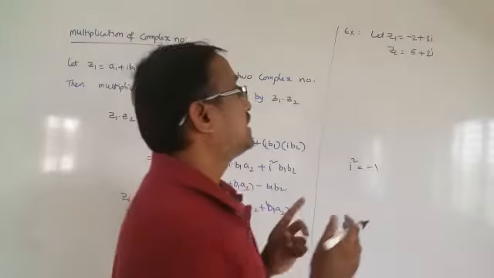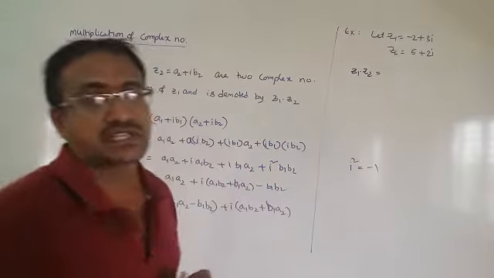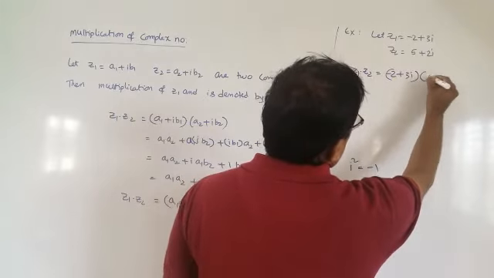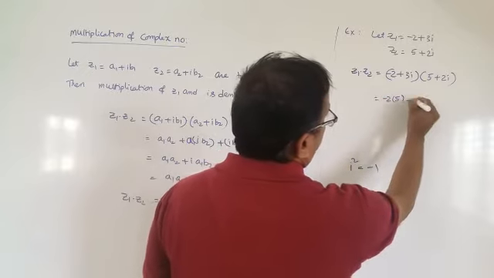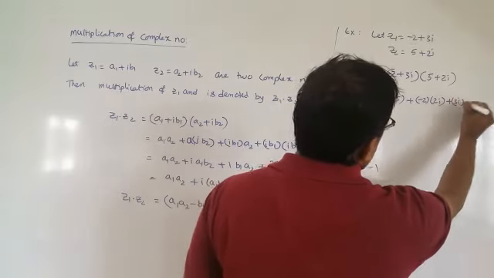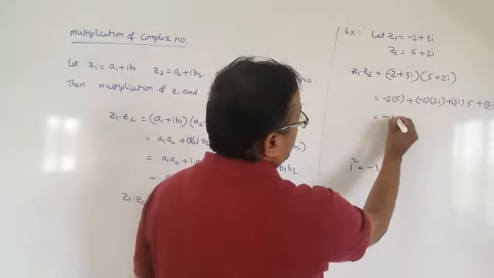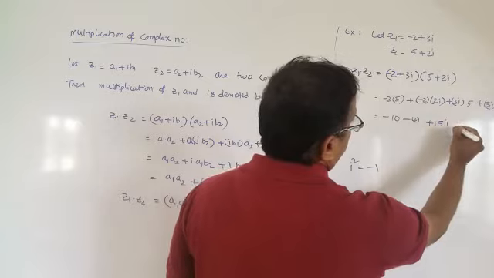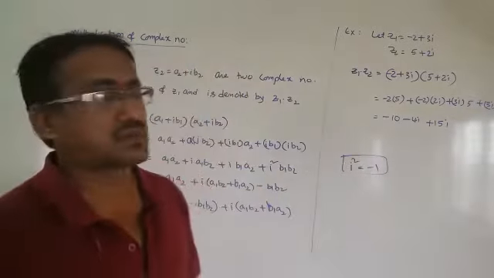Now let us find the product of complex numbers z1 and z2, that is z1 into z2. So minus 2 plus 3i into 5 plus 2i. So it will be minus 2 into 5 plus minus 2 into 2i plus 3i into 5 plus 3i into 2i. Now you have minus 10 minus 4i plus 15i. Now i into i is i square by the definition of Euler.